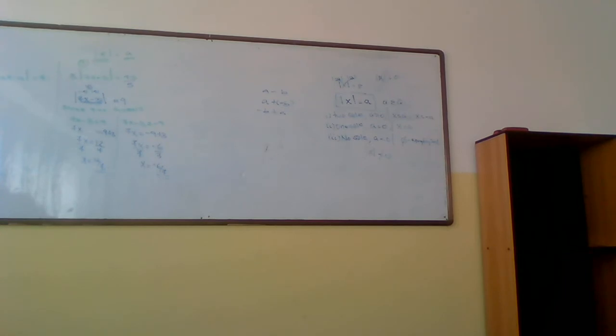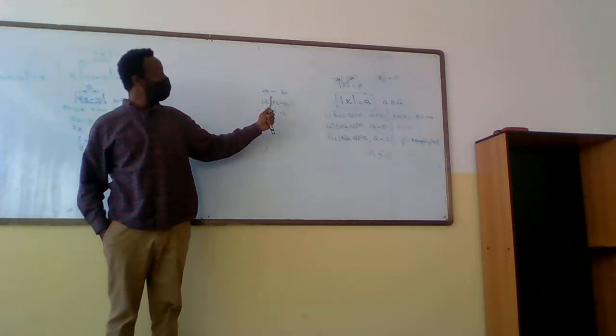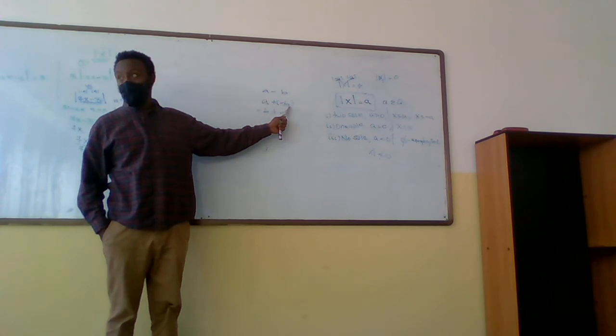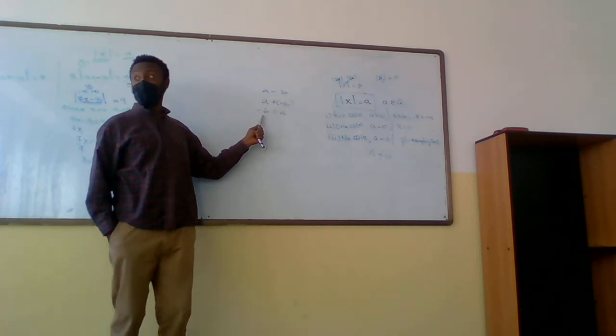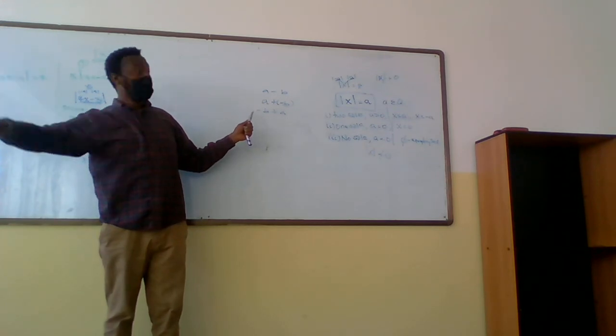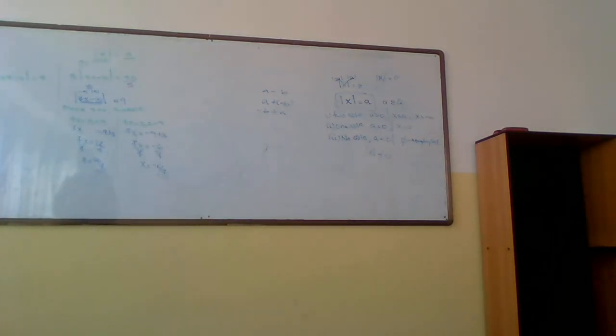When this comes here, it's still negative. So if you want to make them commutative, it's negative B that comes in, not positive. When you exchange them, the absolute value is negative on that side.